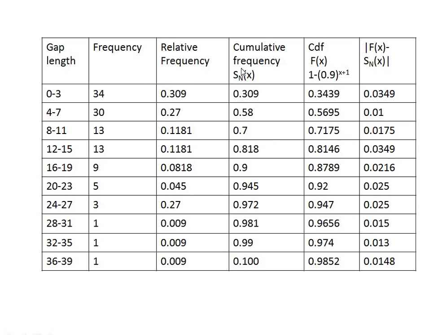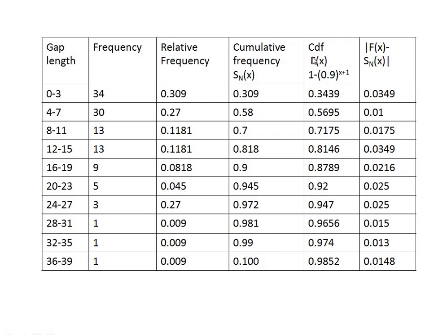Similarly, the cumulative frequency Sn of x: the first value is 0.309, the second value is 0.309 plus 0.27, which is 0.58, and the third one is 0.58 plus 0.1181, which is 0.7, and so on.